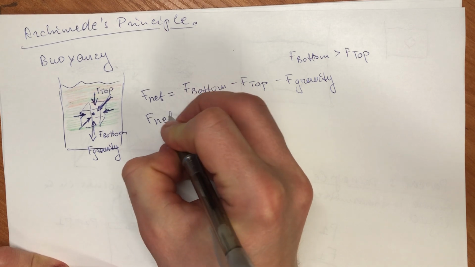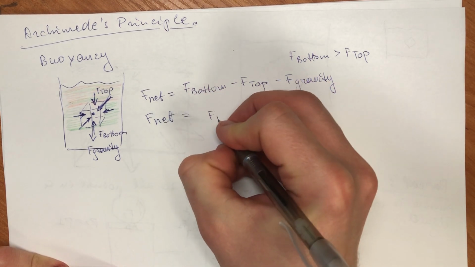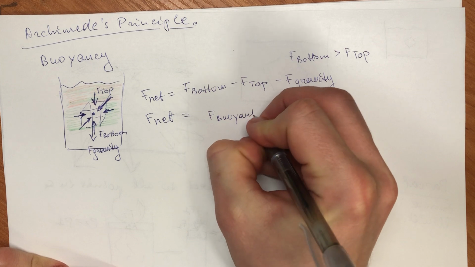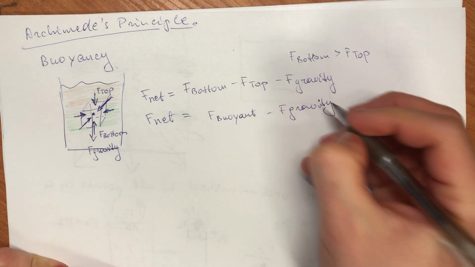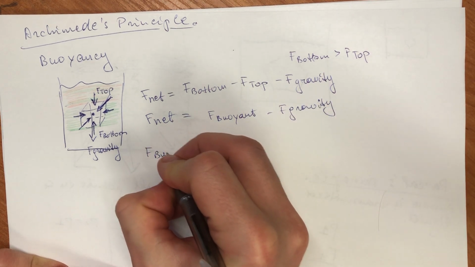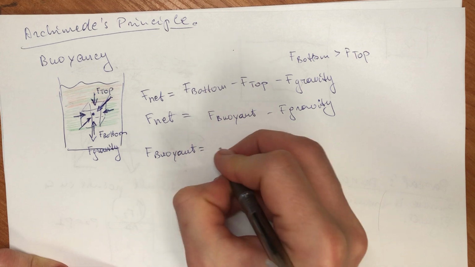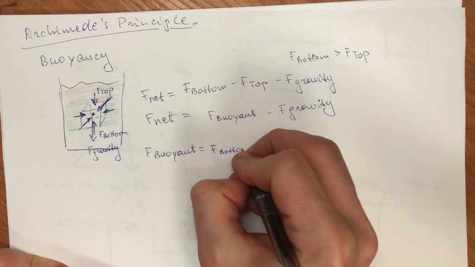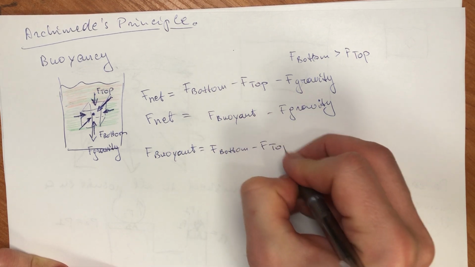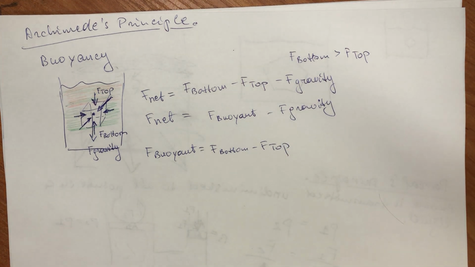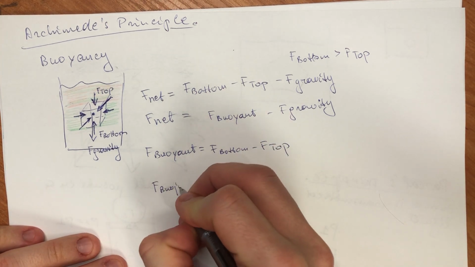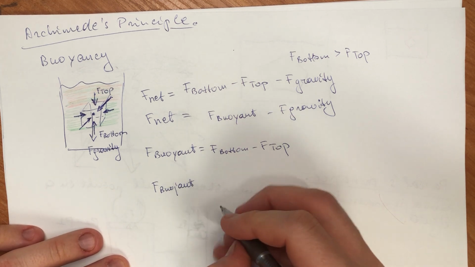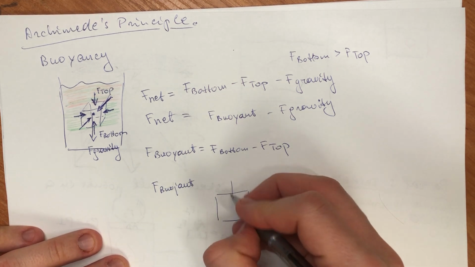This F net is then F buoyant minus F gravity, where the buoyant force is F bottom minus F top. This buoyant force is always up.